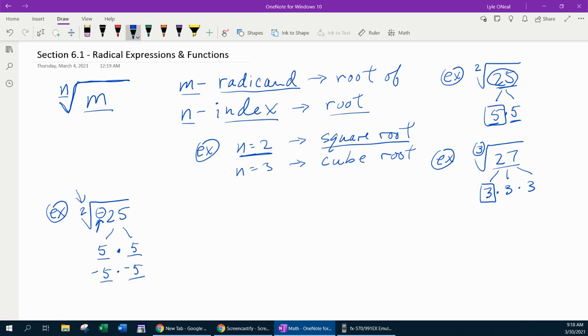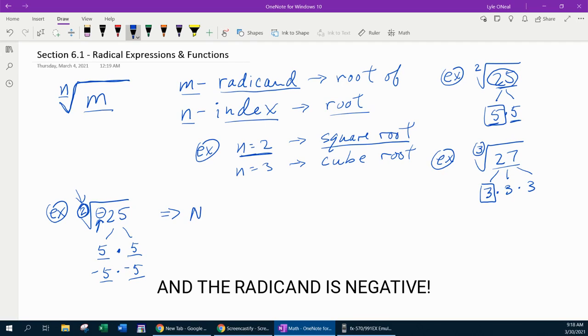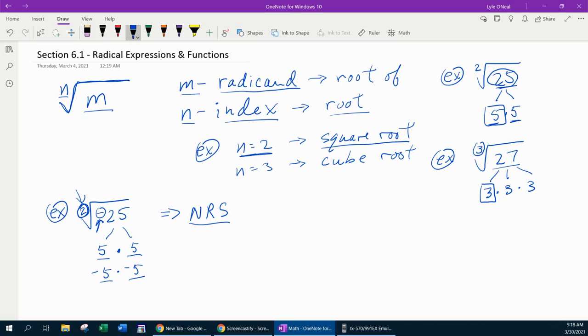So the generalization you need to know is that when your index is even, there is no real solution. There do not exist 2 identical factors that will ever multiply to make a negative number if the index is even.